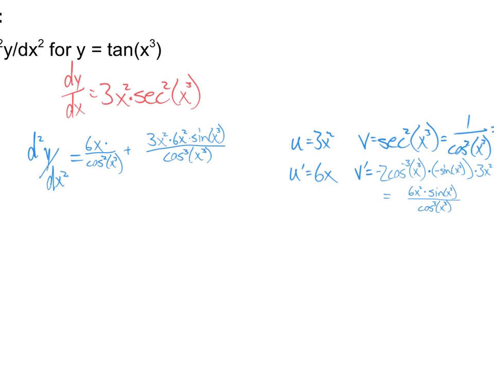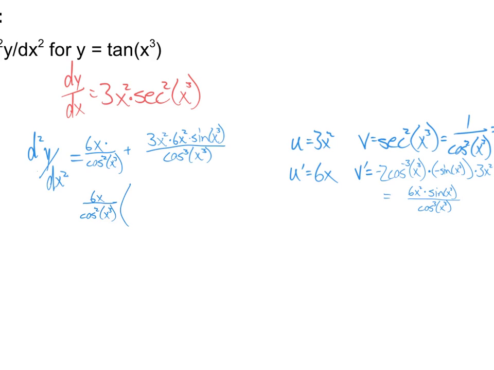So at this point, I'm just going to simplify a little bit. I see that I have a 6x in both numerators. I also have a cosine squared of x cubed in both denominators.